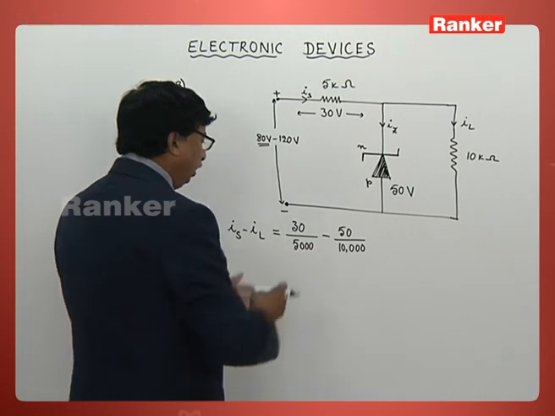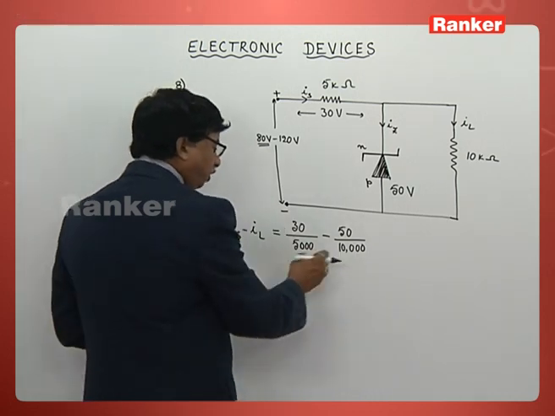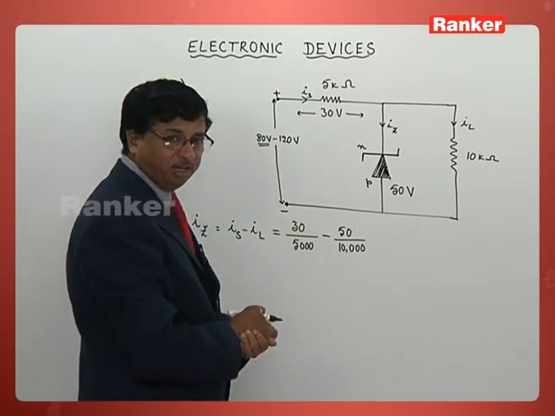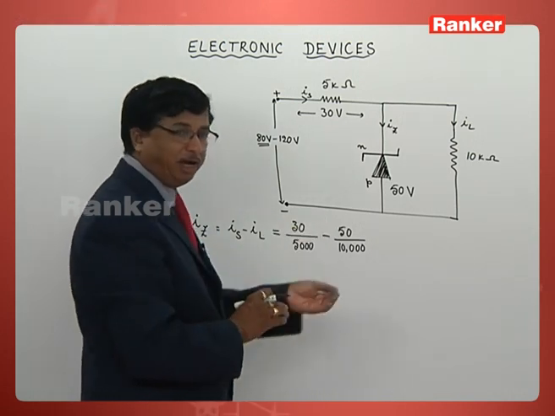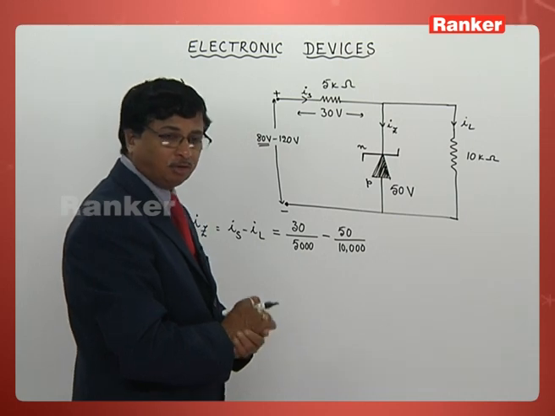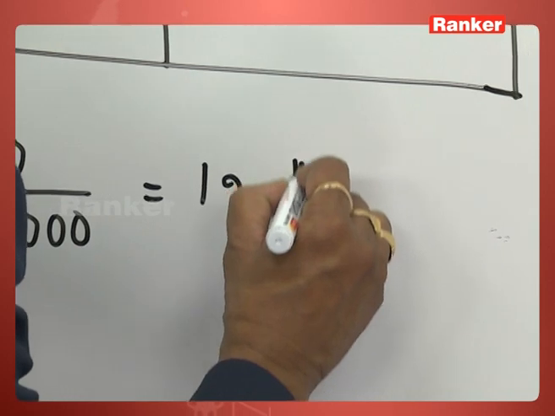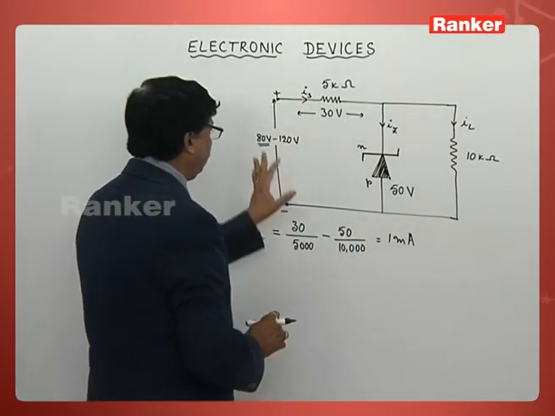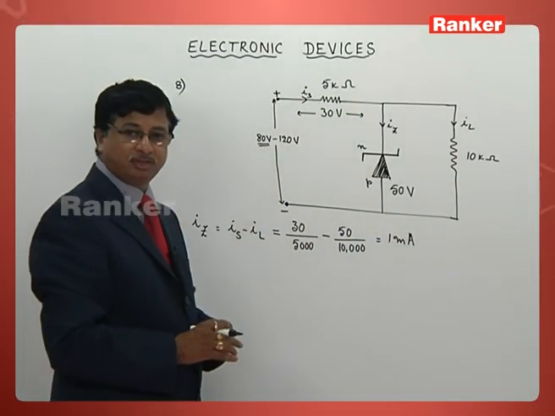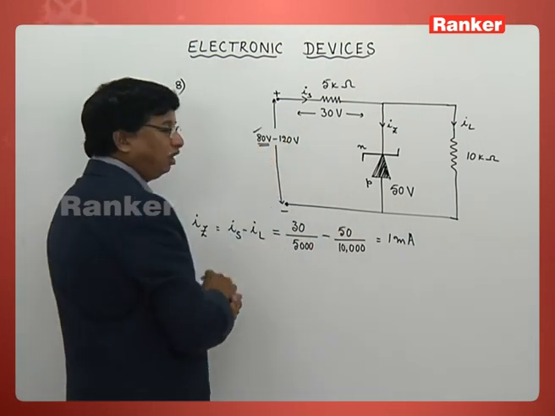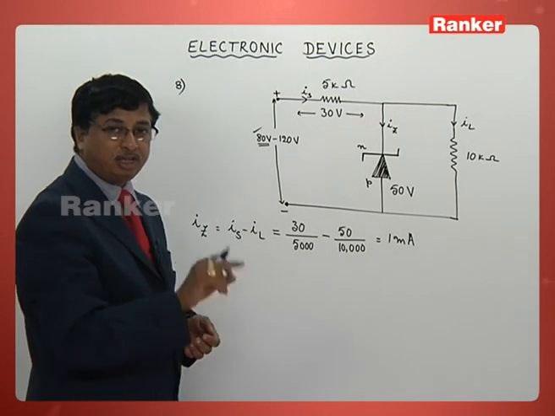Now you can directly get this calculation. 10,000, if you take LCM here, this becomes 60 minus 50. It is a 10 by 10,000. So 1 by 1000 in the sense we can write 1 milliampere. That is the current what we are getting. That is the current when the input voltage applied across the system is 80 volt.